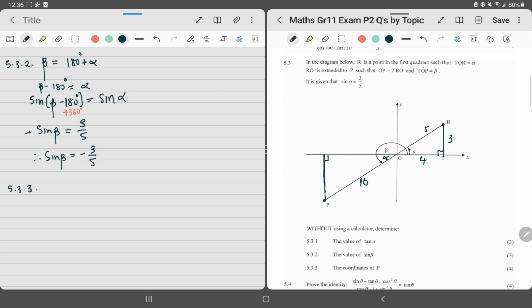5.3.3. Calculate the coordinates of P. Okay, so let's just give that V, and then we're going to work on it.